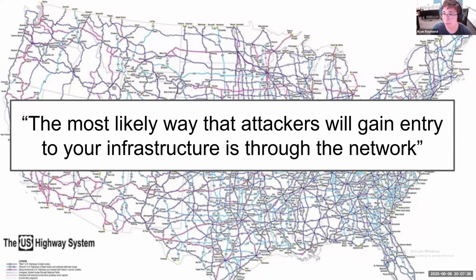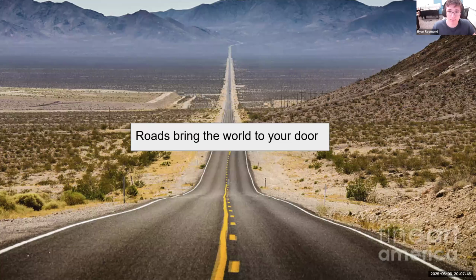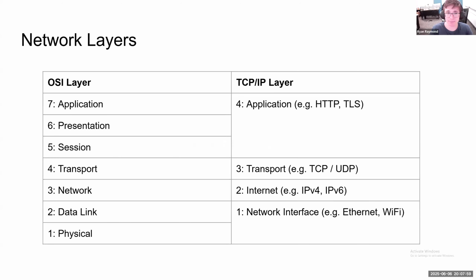Even though out-of-band attacks, people breaking into your facilities, might seem scary, the fact is that roads bring the world to your door. And when you connect your computer to the internet, when you connect it to a network, you bring the whole world to your door. So let's talk about how those networks do that.